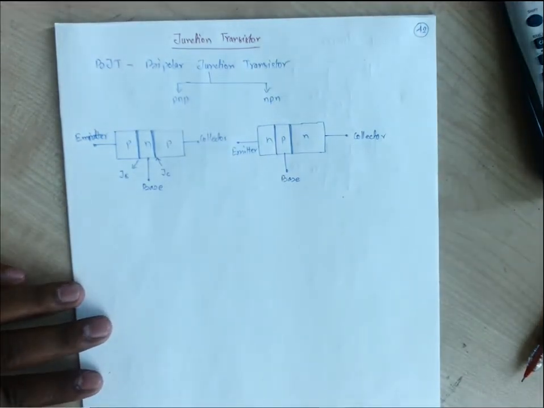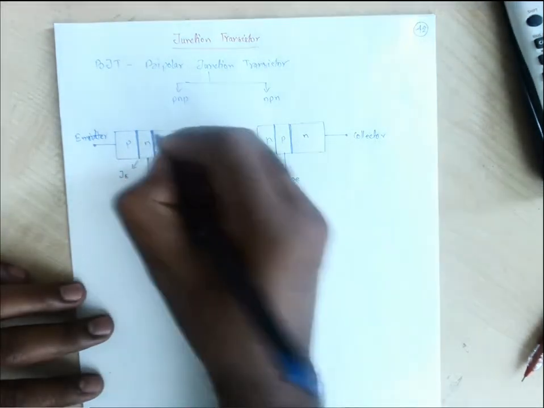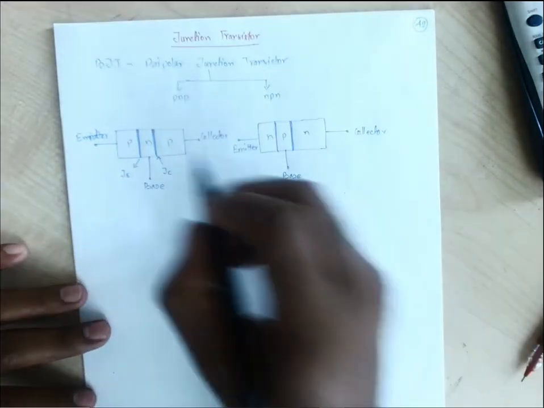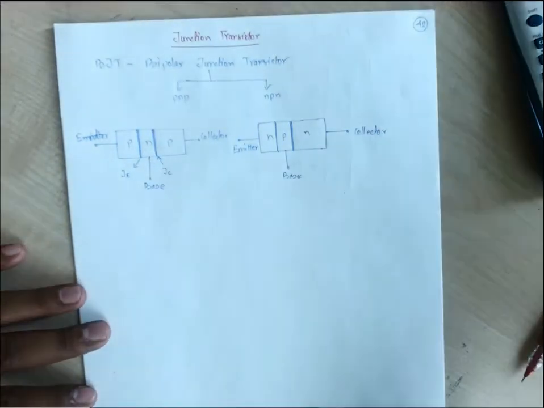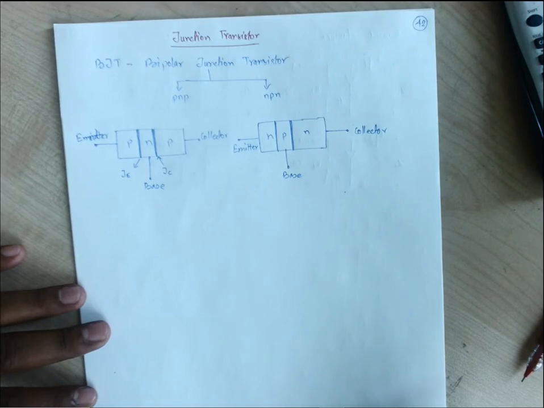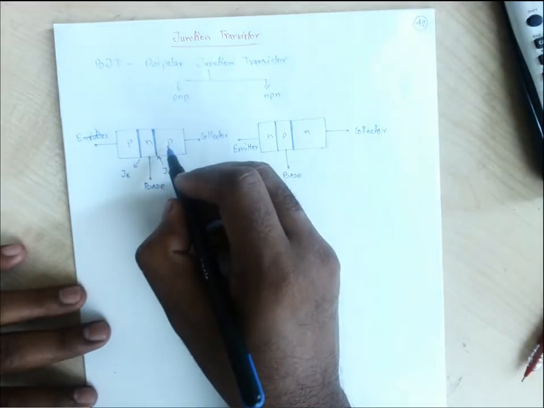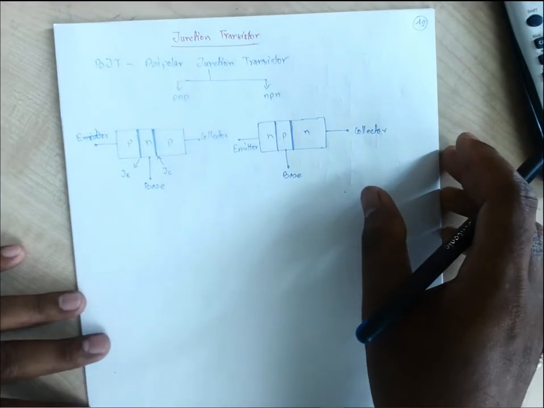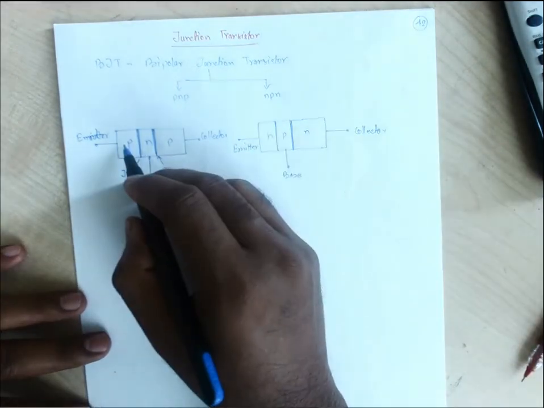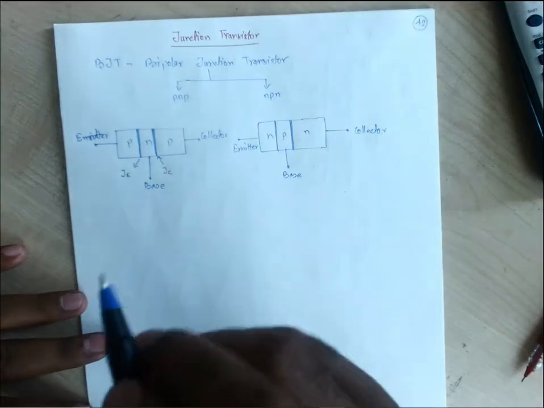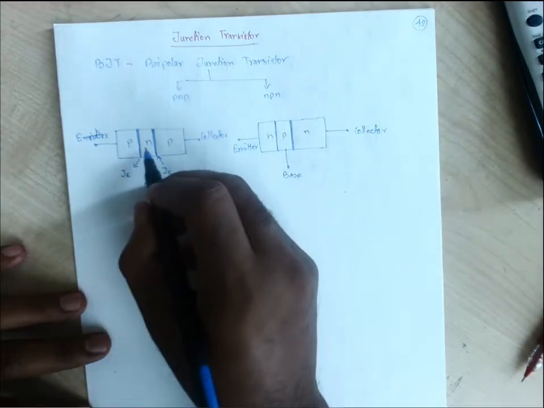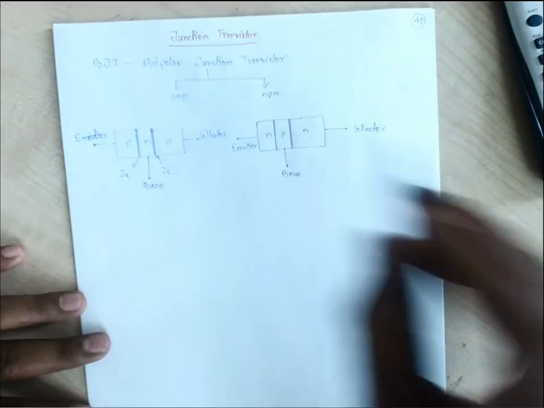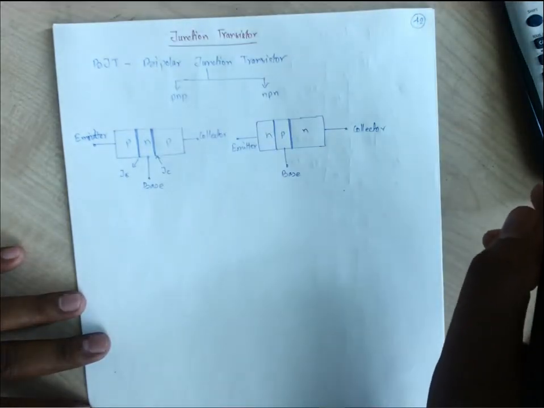Okay, so if we go with the doping profile of these three regions, the base is lightly doped, right? The collector is moderately doped, and the emitter is heavily doped. So the least doping is done in the base, then the collector, then the emitter.